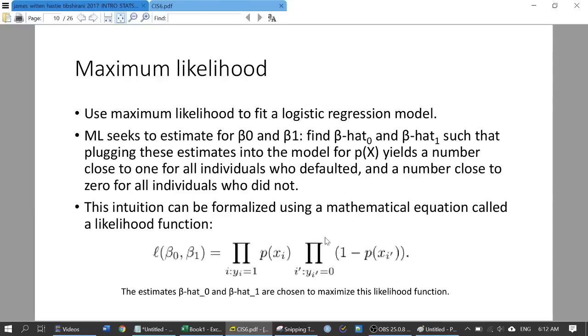If you have certain characteristics, and let's say this person defaulted, you want to be able to predict that this person has a high probability of defaulting. But if this person is not a defaulter, you try to find the beta naught and beta 1 that predict that this person will not default.